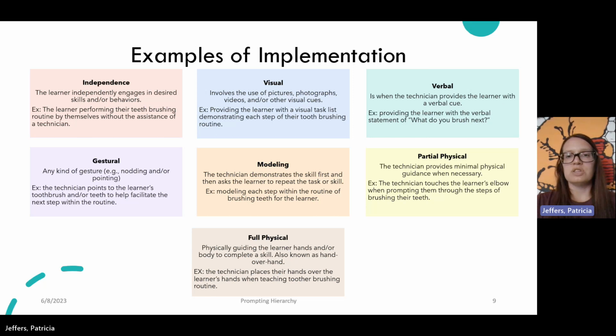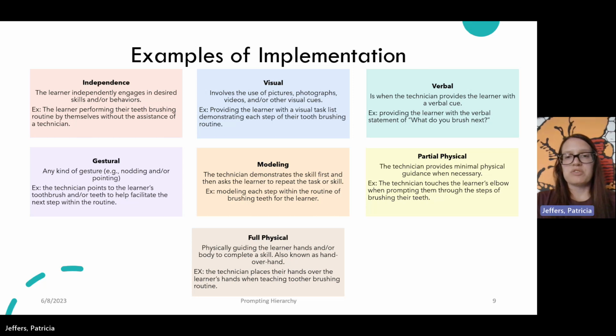Visual prompting involves the use of pictures, photographs, videos, and/or other visual cues. This could look like providing the learner with a visual task list that demonstrates each step of their toothbrushing routine. Verbal prompting is when the technician provides the learner with a verbal cue.